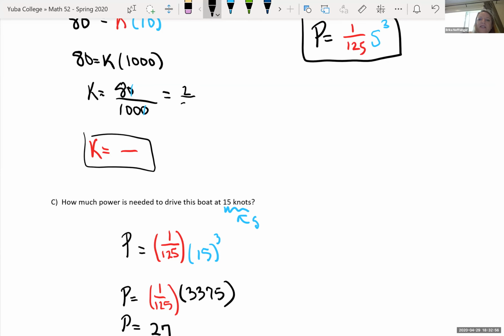I guess we can leave it, that doesn't really reduce, unless you want to do it in decimals. And it's a clean decimal, which is 0.08. Either way, you can plug it in there. So 0.08.